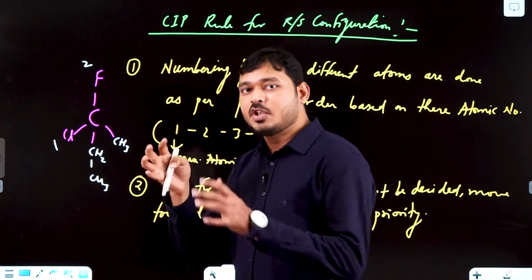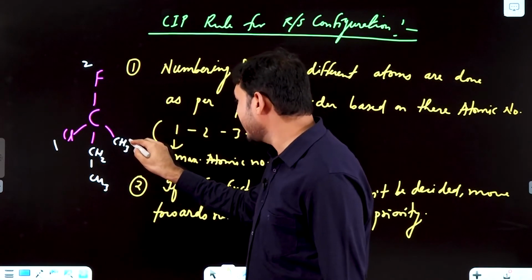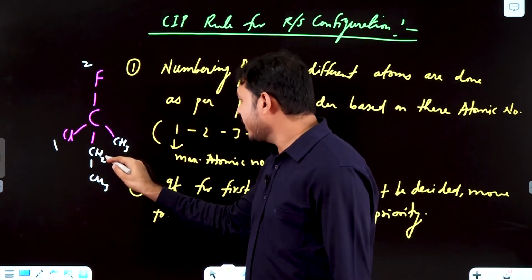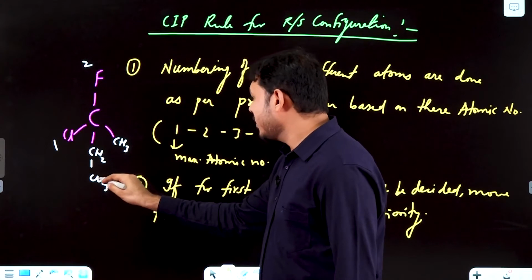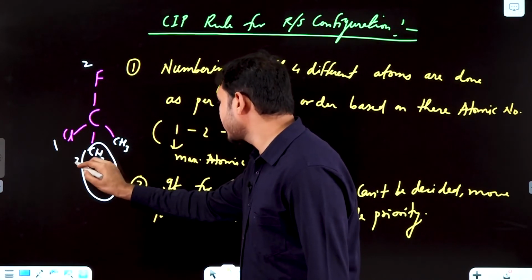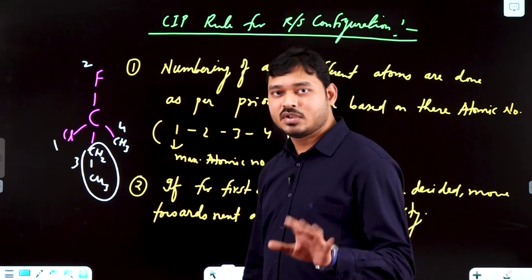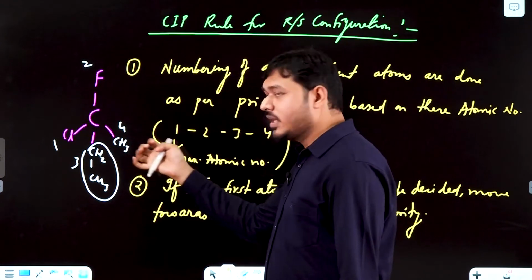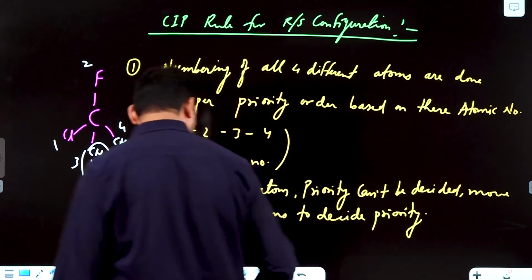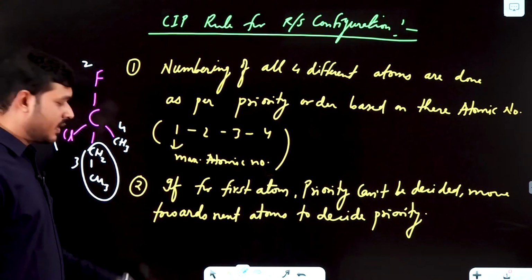So in that case, you move to the next atoms connected to that atom. This carbon is connected with 3 hydrogens, while this carbon is connected with 2 hydrogens and 1 carbon. So priority-wise, this will be preferred. So this is considered 3 and this is considered 4. Clear to everyone? When the first atom is the same, move to the next atoms, the next connectivity. I think you have noted these 2 rules.